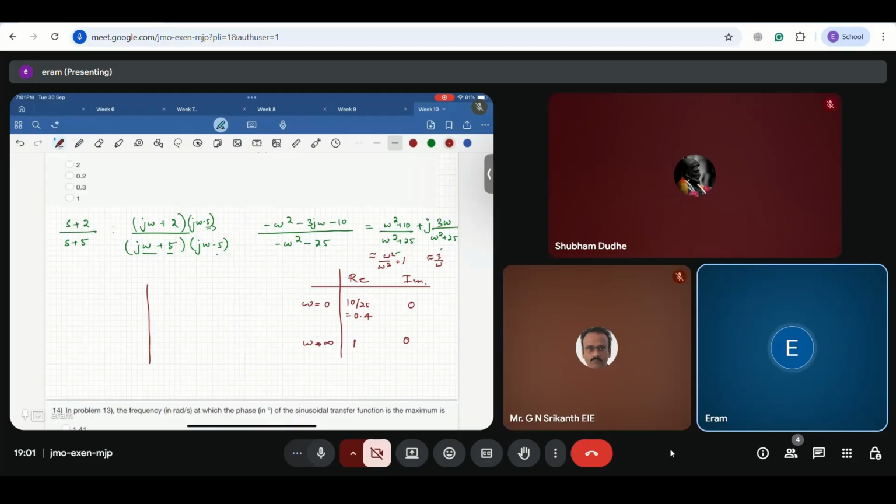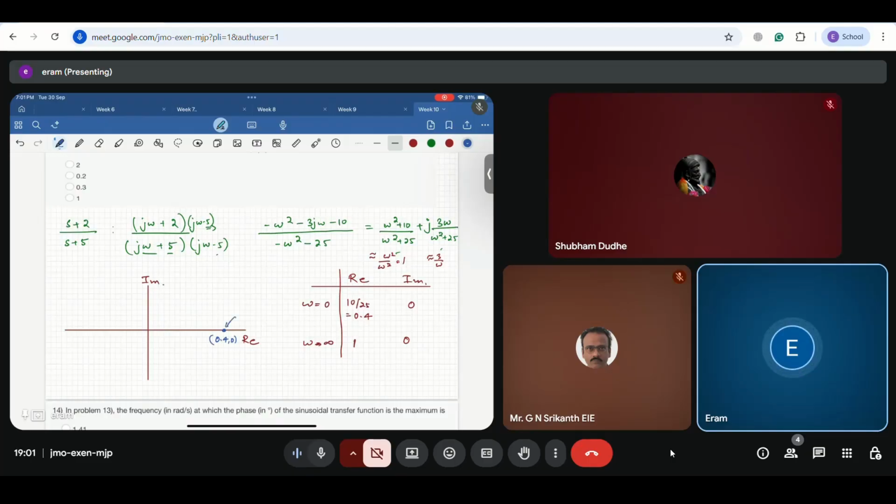Now let's see how our Nyquist plot will look. This is the real part, this is the imaginary part. At ω equals 0, we have imaginary part 0 and real part 0.4, so this is the point 0.4 comma 0.